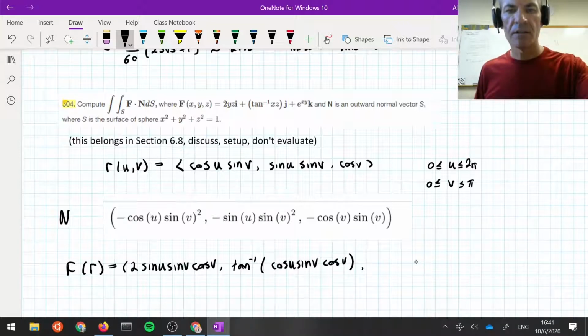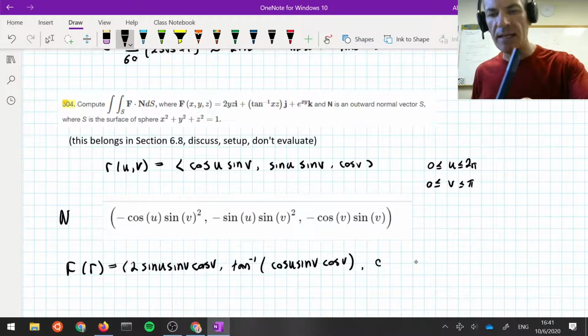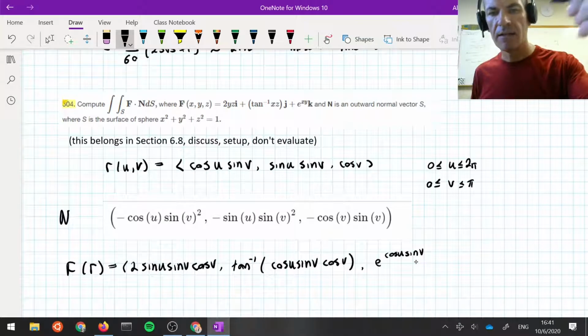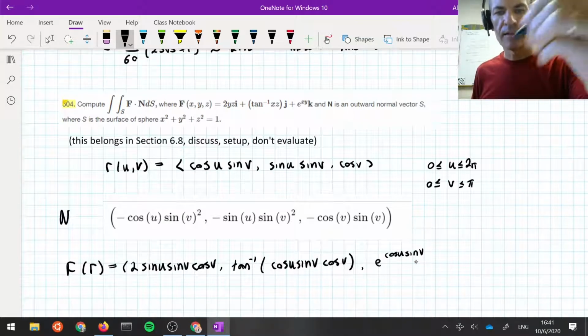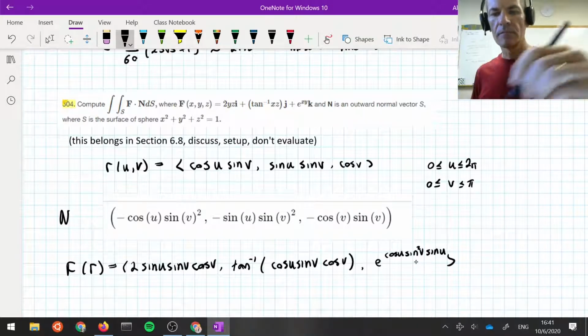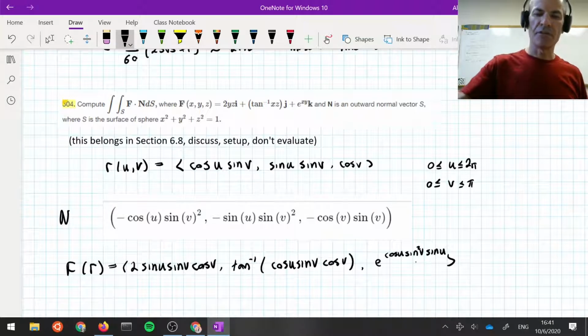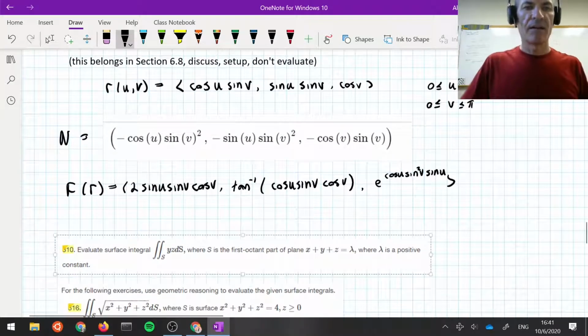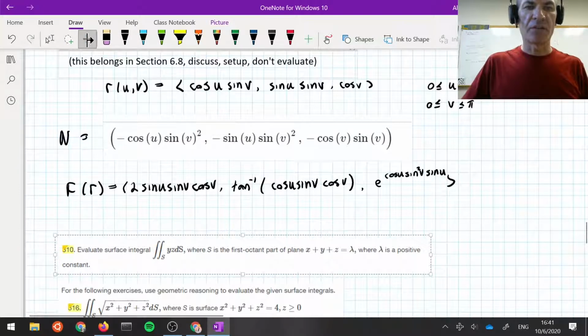And then the last component is e to the cosine u sine v times y, sine u. And then what are we supposed to do? We're supposed to dot this with n. And you can just see that this is getting worse and worse.